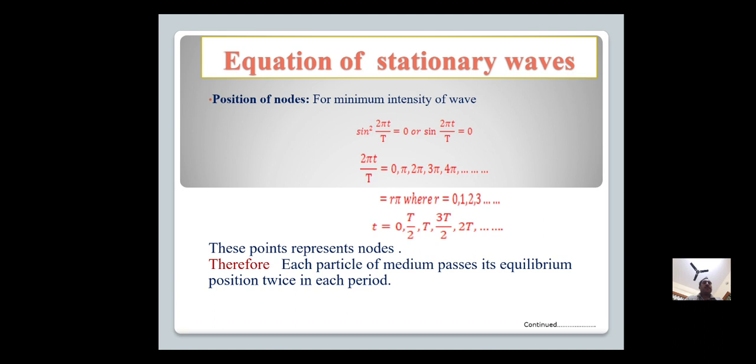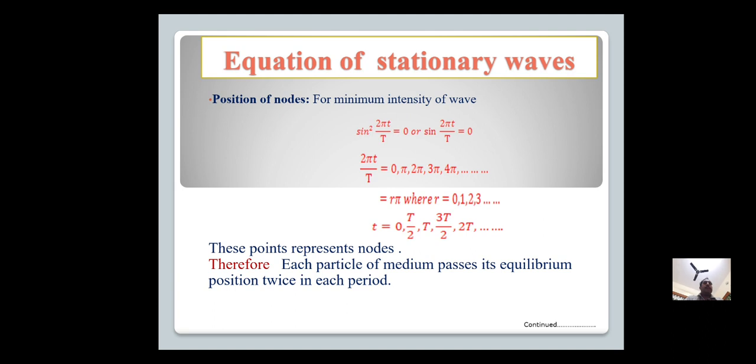If we solve this, we find that at time t equal to 0, T by 2, 3T by 2, and so on, we get the nodes. So these points represent nodes.